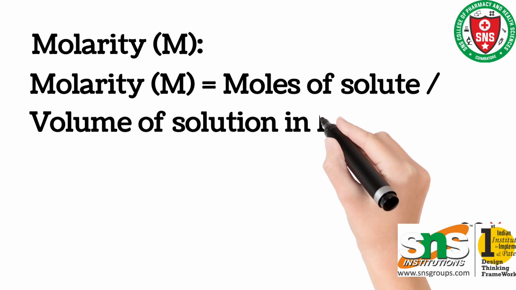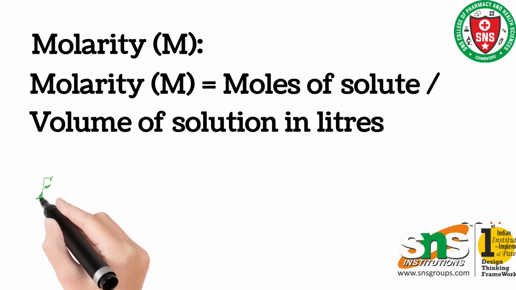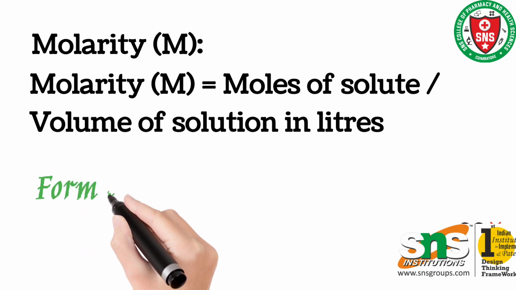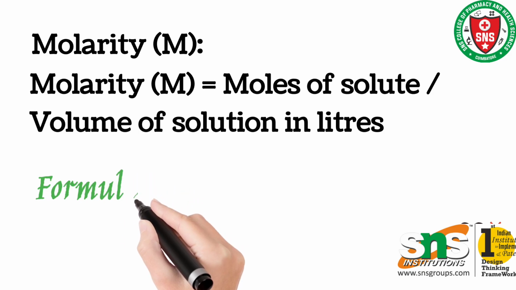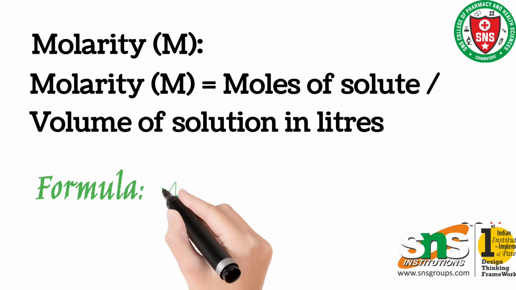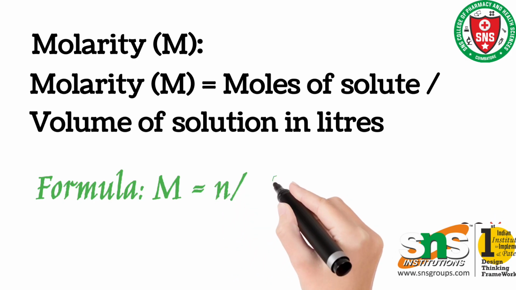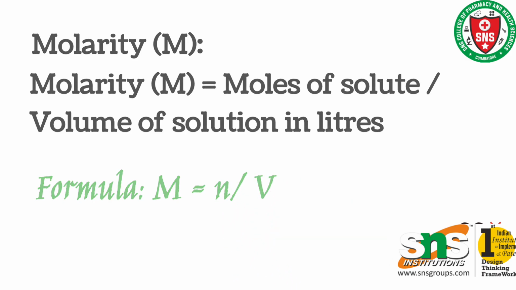In equation, it is moles of solute by volume of solution in liters, and in formula, N by V, that is moles of solute N divided by volume of solution in liters.